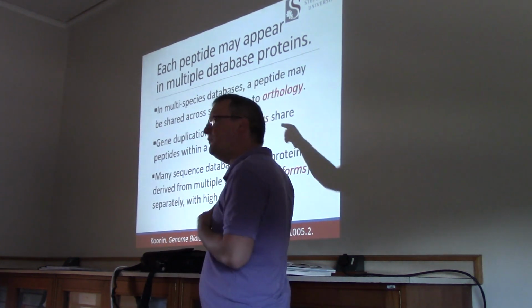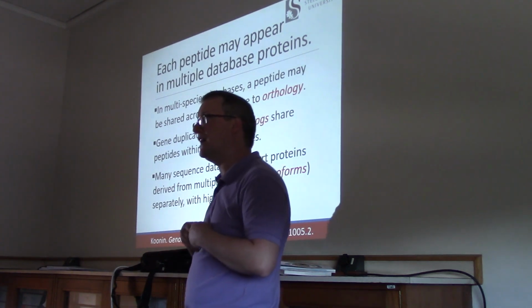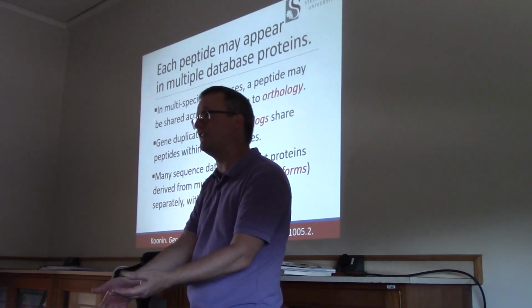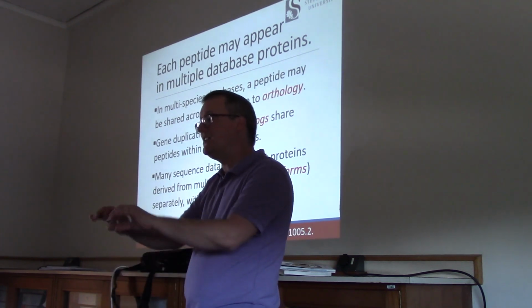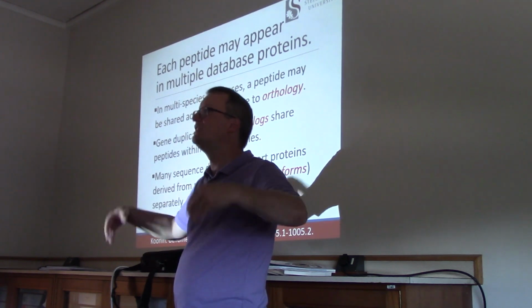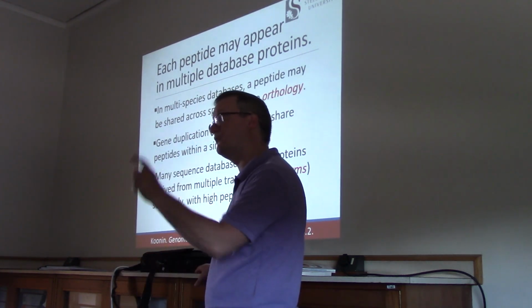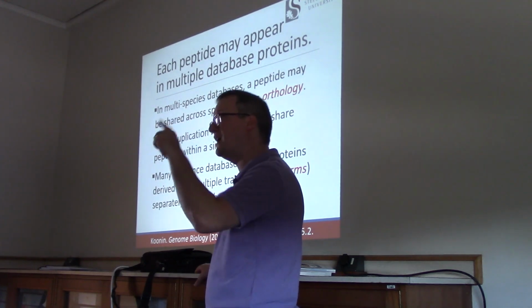But even the human proteome has a lot of paralogs within it, where we had a gene that duplicated itself back in our evolutionary history, and now those two copies have drifted apart from each other in sequence to take on different roles.